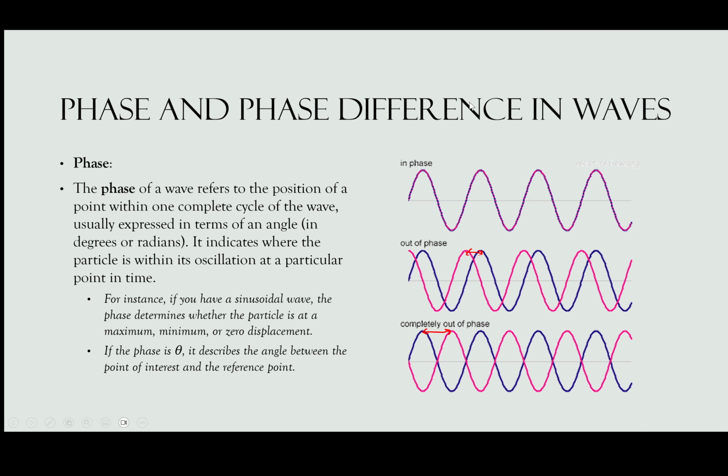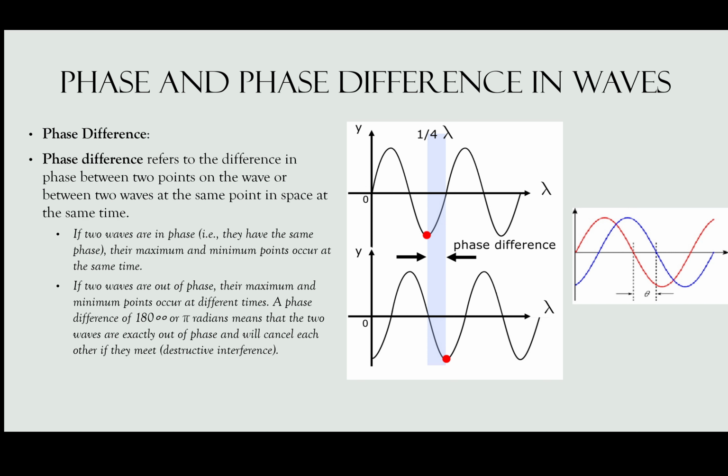All right. So, for example, if we have the sinusoidal waves here, we're going to have the phase described as, let's say, angle theta, as a reference point. If that reference point changes, then the two waves will be out of phase, so we have a phase difference occurring. It's a difference between two points in a wave or two waves at the same point in space at the same time.